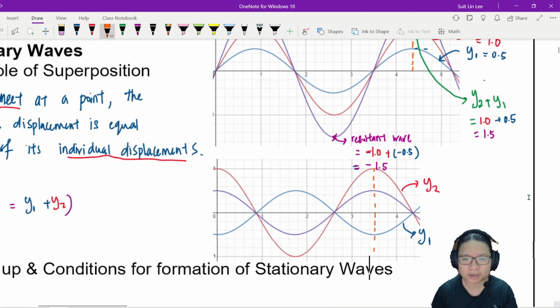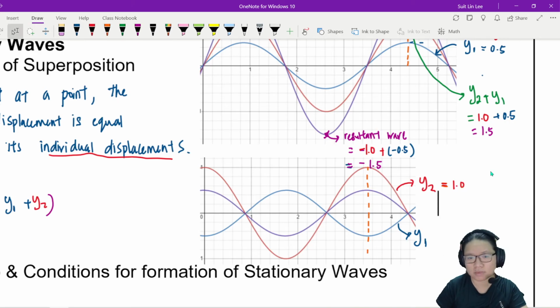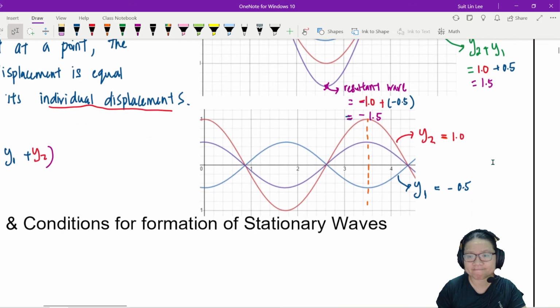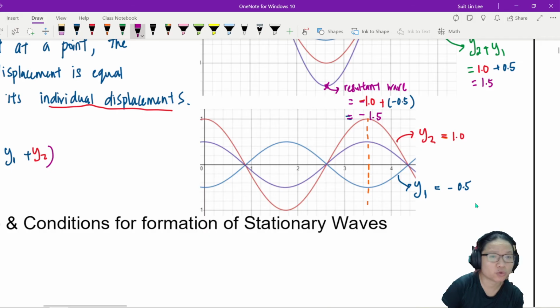I'm going to zoom in a bit. So this y2, the displacement is 1. However, the displacement for y1 is negative 0.5. So if you take 1.0 plus negative 0.5, you will get the resultant. This one is the resultant here.